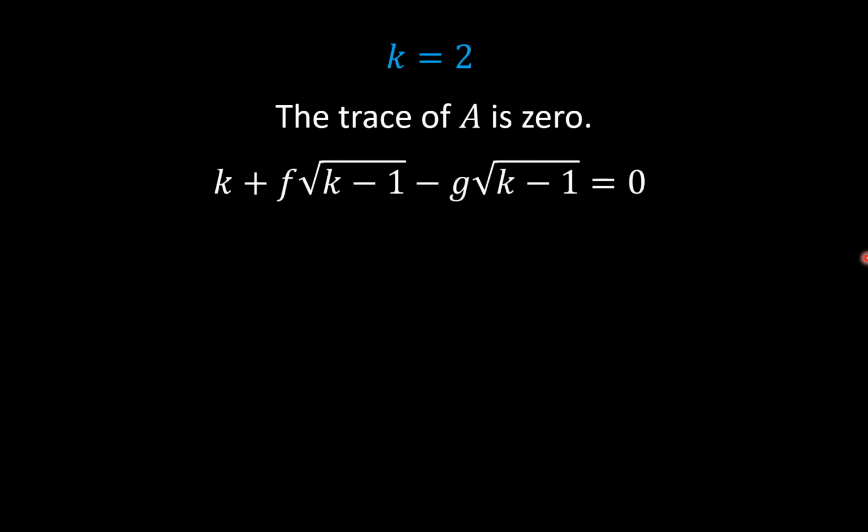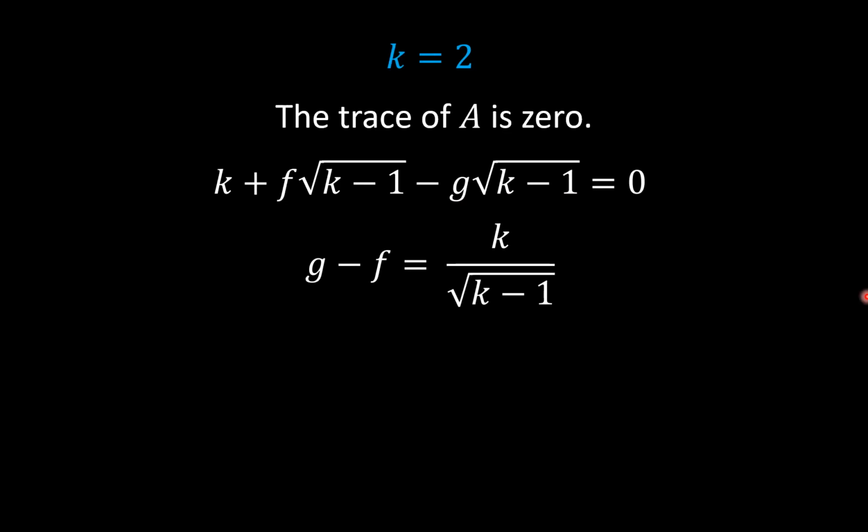So because the trace of a matrix is the sum of its eigenvalues, we get that k with multiplicity 1 plus square root of k minus 1 with multiplicity f plus minus square root of k minus 1 with multiplicity g. These sum to 0. So rewriting, we get that g minus f is equal to k divided by square root of k minus 1. Now, g minus f must be an integer because g is an integer and f is an integer.